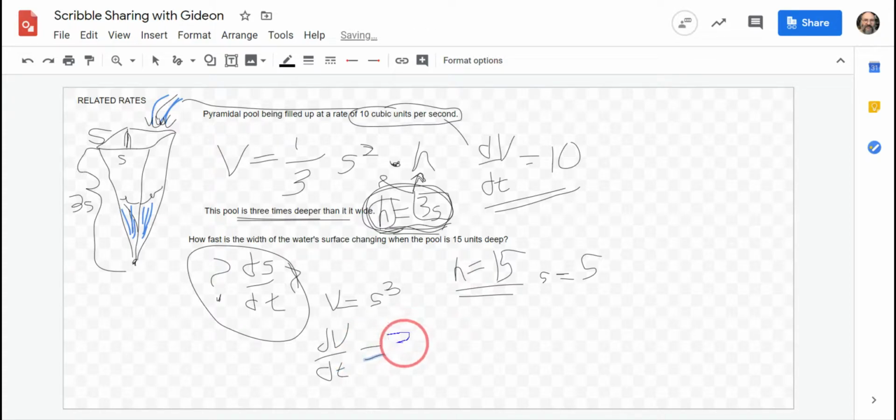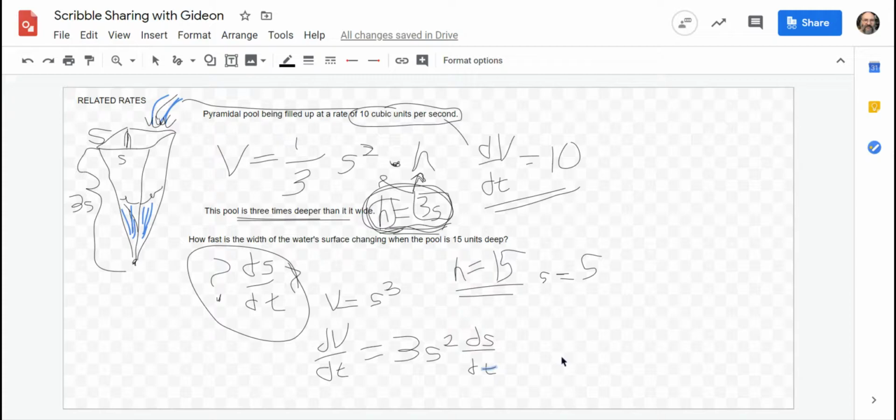It's 3 s squared, and then of course it's ds/dt. Remember, this wasn't an s derivative where we wouldn't have an extra term. This was a t derivative. s changes with t, so it's a function of t. So the chain rule applies. We need a chain term because of the s, and that's ds/dt.